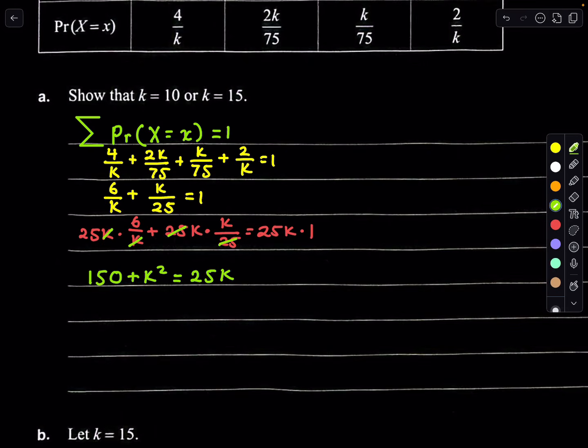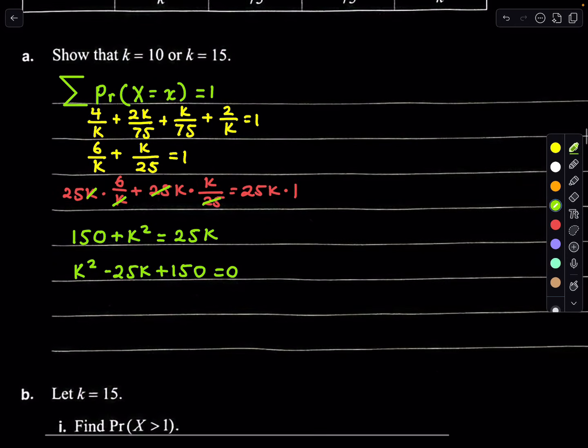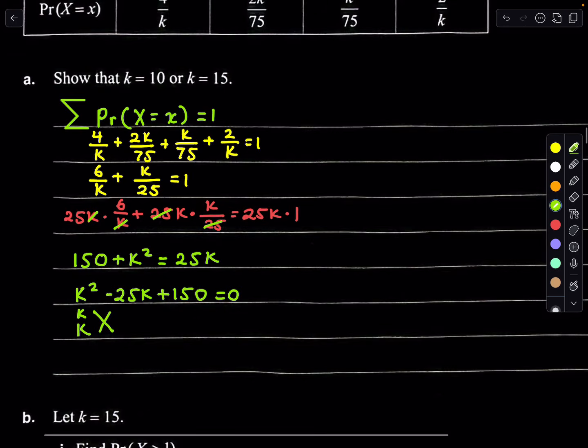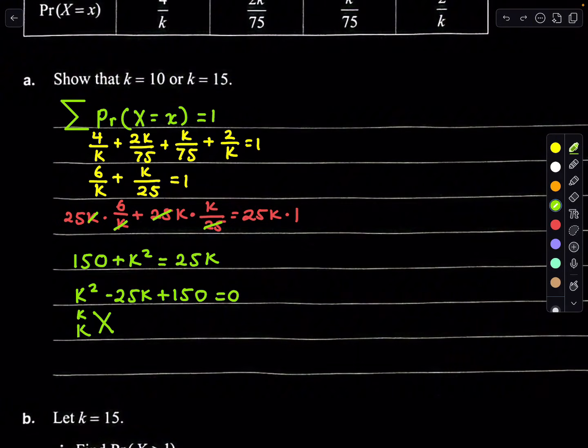Beautiful. And let's bring everything to the left-hand side. So we get k squared minus 25k plus 150 must equal 0. And let's factorize that. Two things that multiply to give me k squared is k times k. And two things that multiply to give me 150, well, we know that the solutions are 10 and 15. So we can say 15 and 10. When we multiply 15 and 10, that gives us 150, and both have to be negative because negative 15 times negative 10 is positive 150. And negative 15 times k is negative 15k.